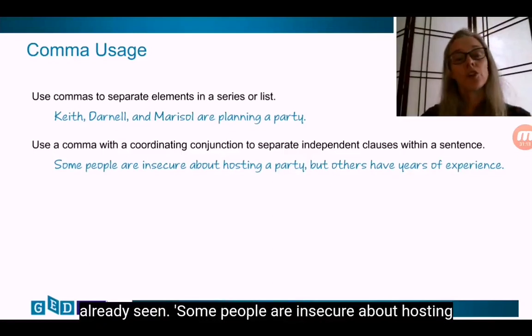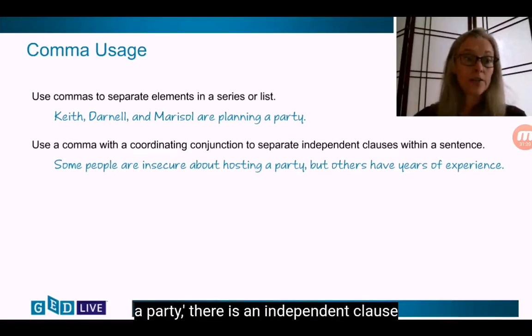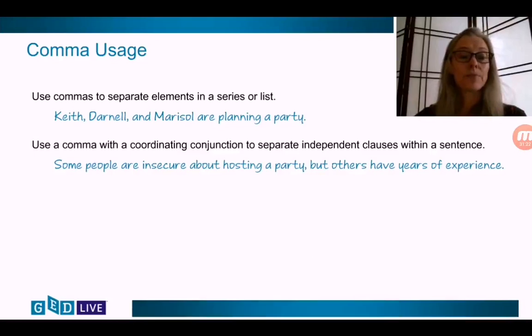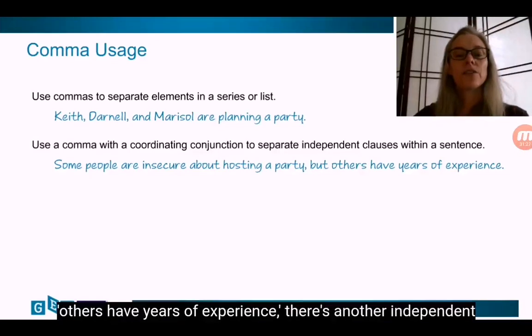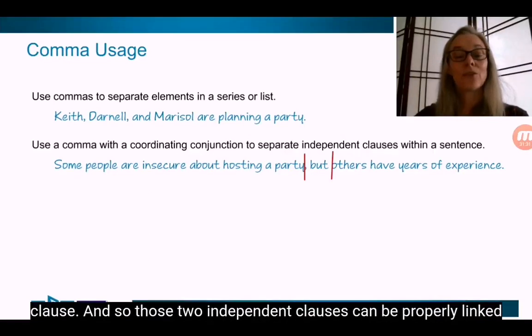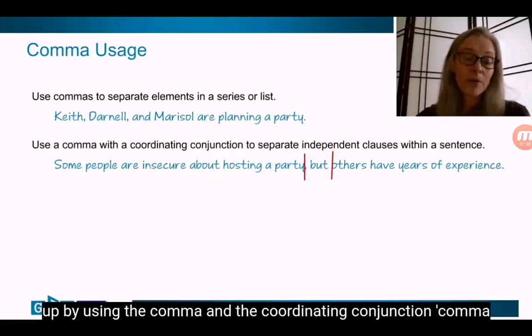Some people are insecure about hosting a party. There is an independent clause. And others have years of experience. There's another independent clause. And so those 2 independent clauses can be properly linked up by using the comma and the coordinating conjunction, comma, but.